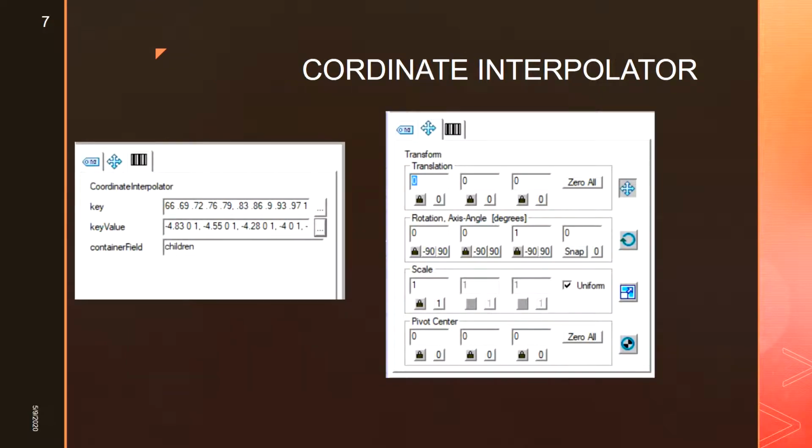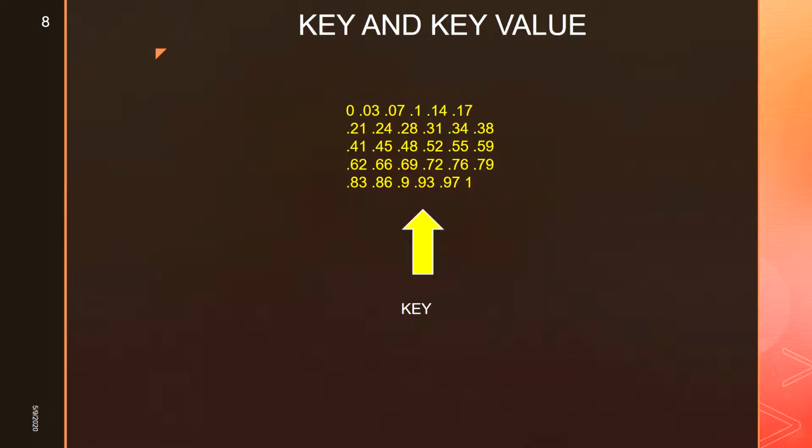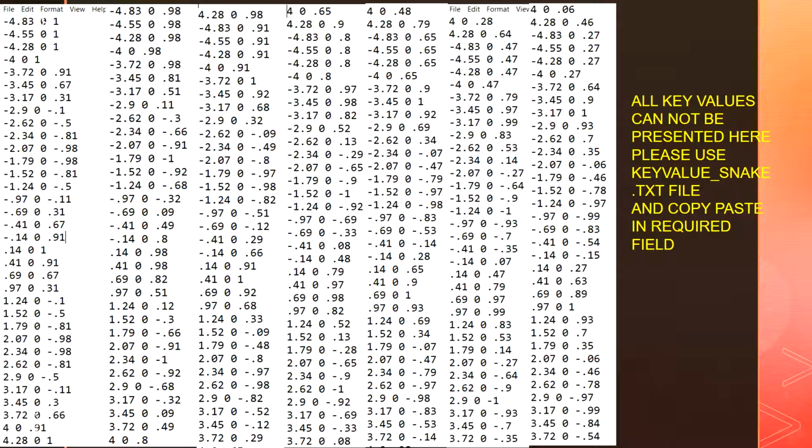Then there will be a coordinate interpolator. There are some keys and key values. The key values will be like this, and there will be a huge number of key values. So I have created a separate text file in which you can get all these key values.